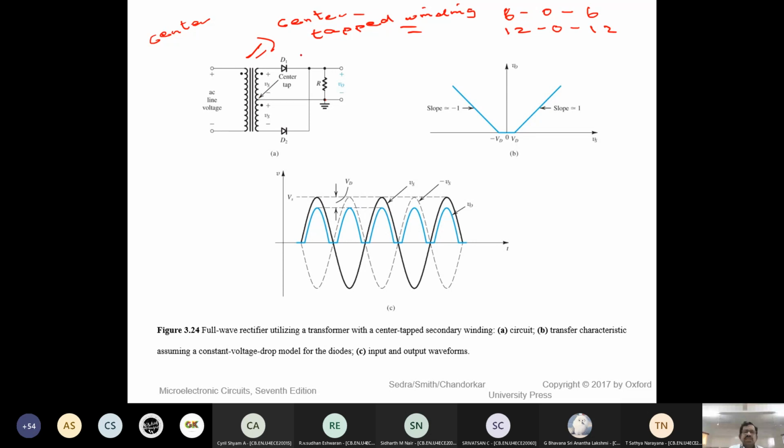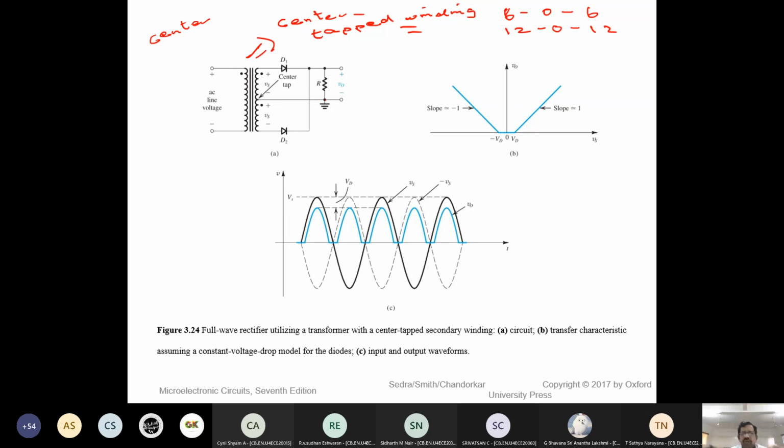So how is this accomplished? In all practical purposes, in the secondary, a single secondary won't be there. There will be 2 coils. It will be wound in such a manner that the direction of the current is along the input, which means when it alternates, here also it will alternate.